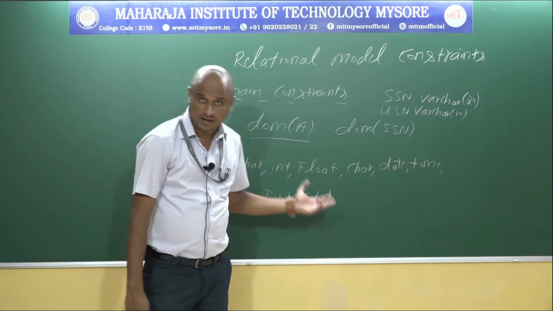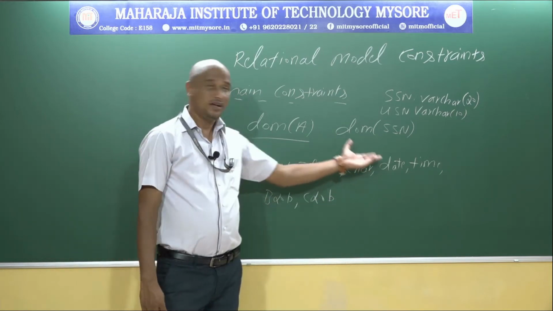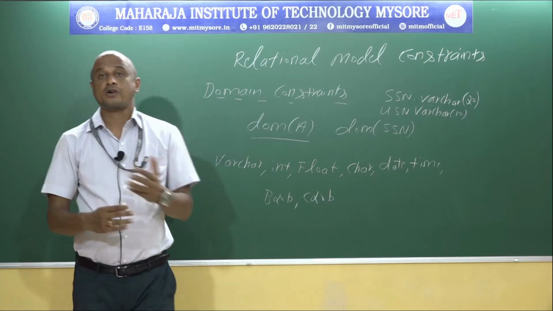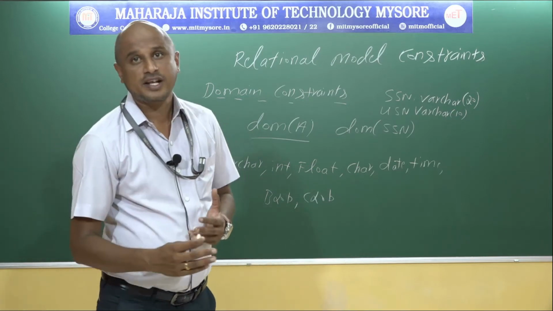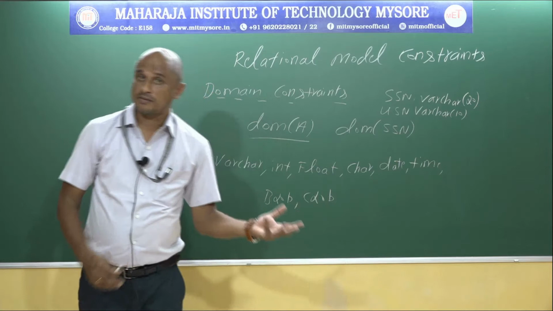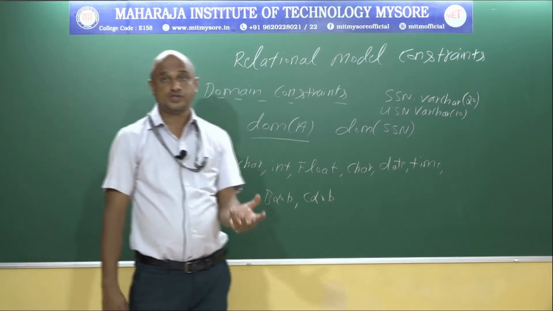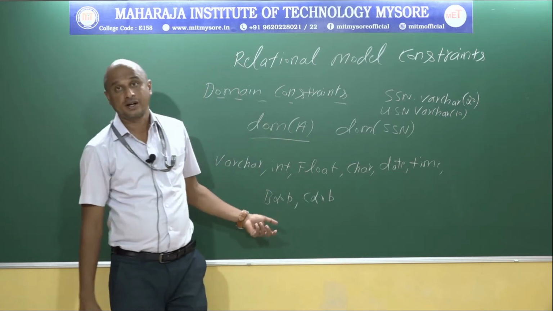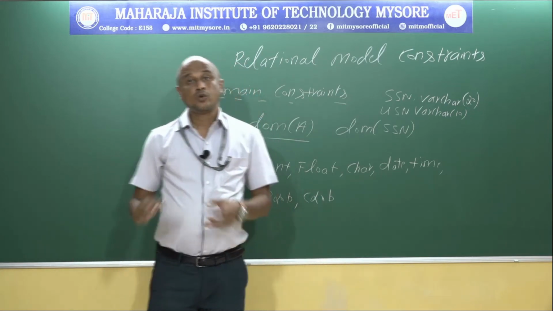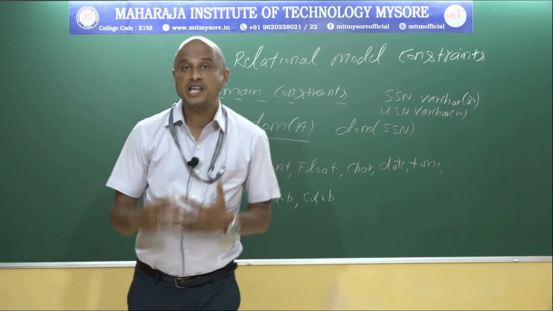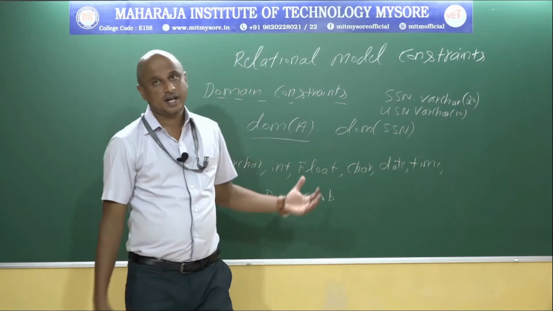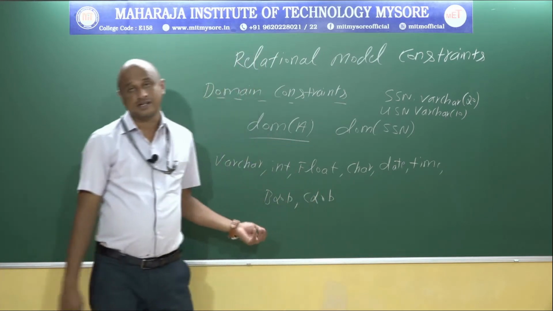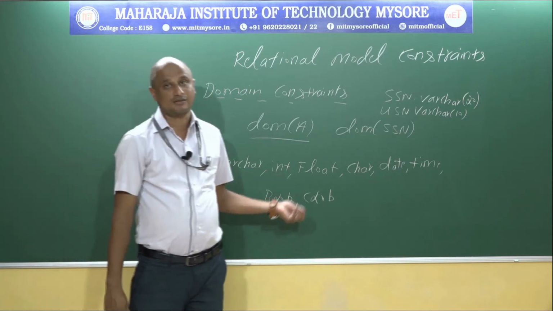If you want to define age, you go for integer. If you want to record when someone joined a particular institution, at what time and on what date, it comes with date and time. Then there are binary large object and character large object to define the data types of images. Where you want to work on images, that is when you require blob and clob.